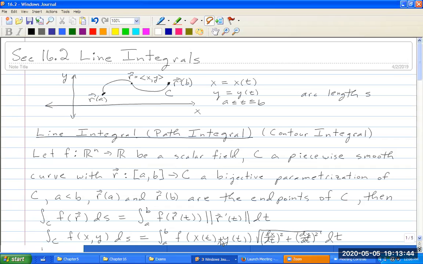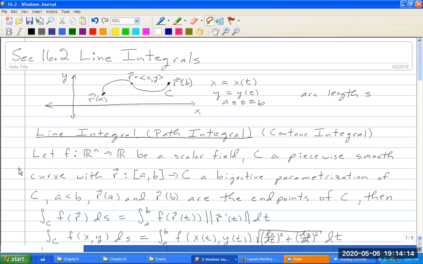Line integrals. Okay, so suppose that you're here at some point, let's say R at A, and eventually you get to this point R of B. And so there's some parameter, let's say time.